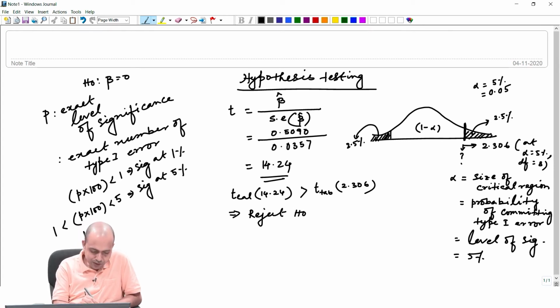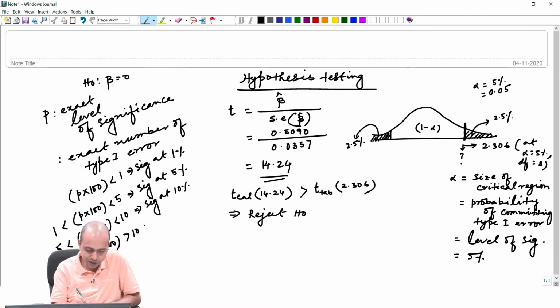And if the variable P value after multiplication is greater than 5 but less than 10, then we will say that the variable is significant at 10%, and if after multiplication it is greater than 10, then we will say that the variable is actually insignificant.